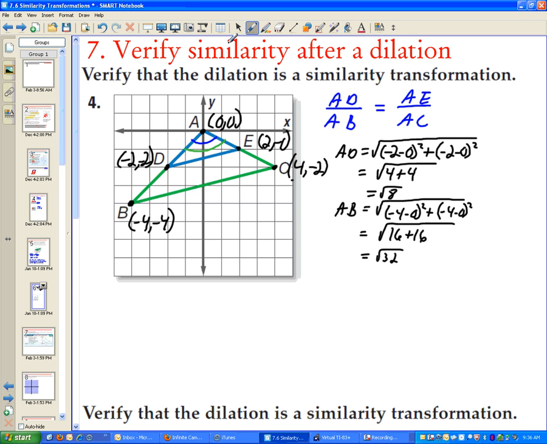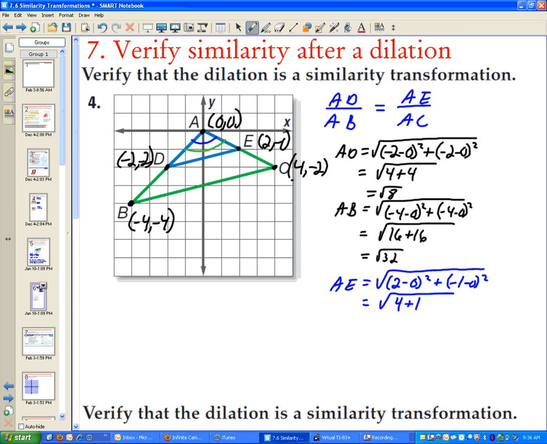Okay, then let's find the length of AE. So that will be 2 minus 0 quantity squared plus -1 minus 0 quantity squared. Square the 2, get a 4.